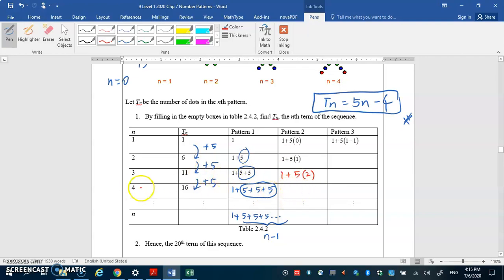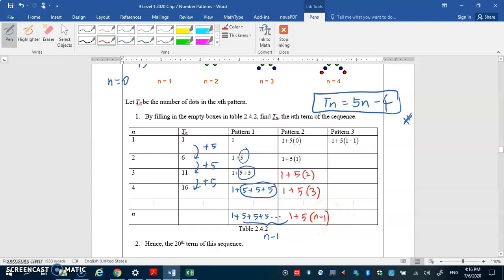And then when n equals 4, you added 5 three times, so it's 1 plus 5 times 3. Okay, so basically using this table method, you can slowly see the pattern and then come up with your nth term, which is 1 plus 5 times (n minus 1), because you have n minus 1 5s. That's what you found in this first column. So it's 1 plus 5 times (n minus 1).